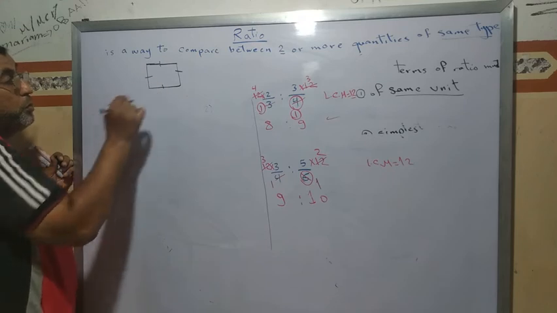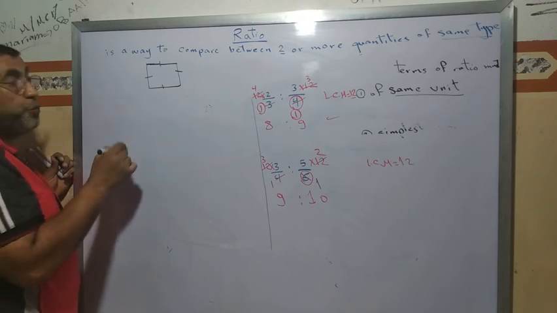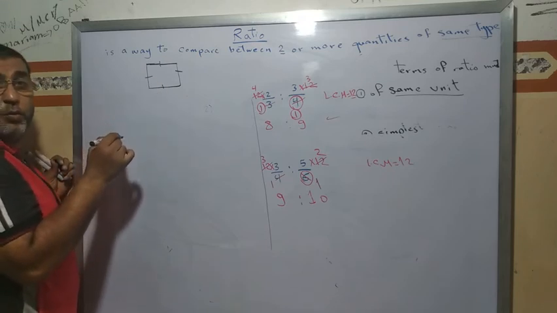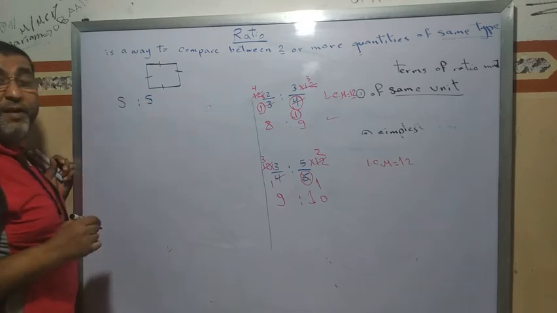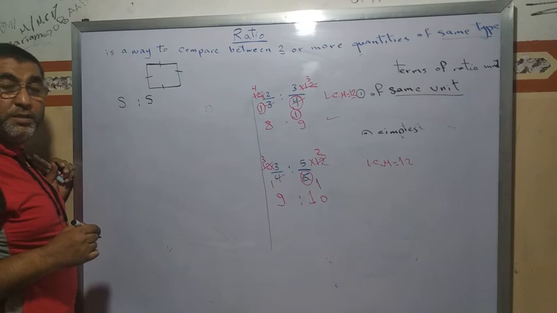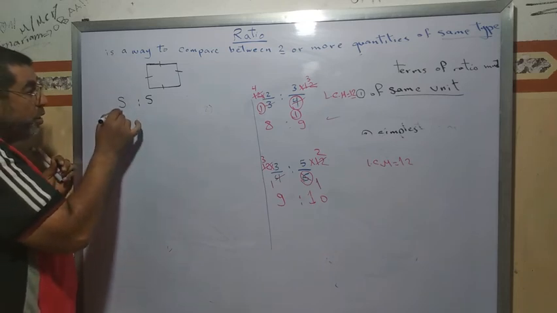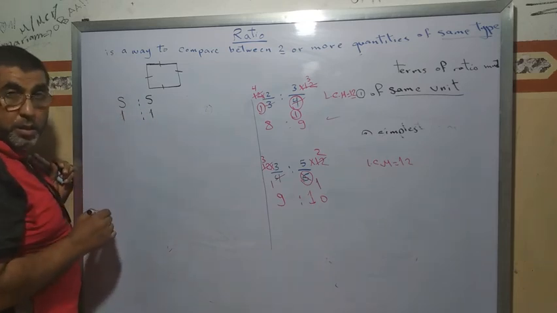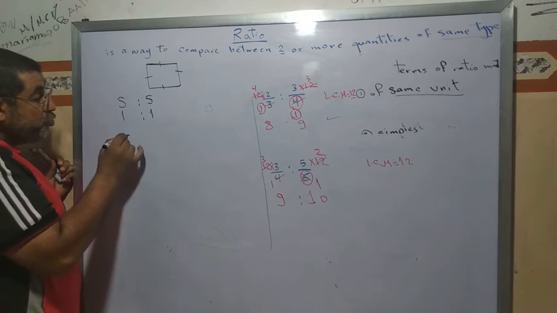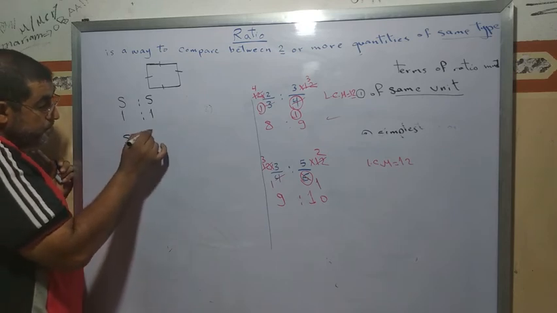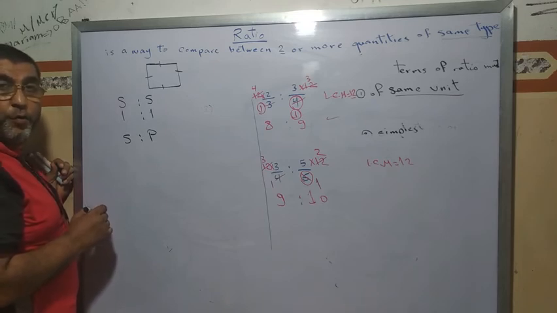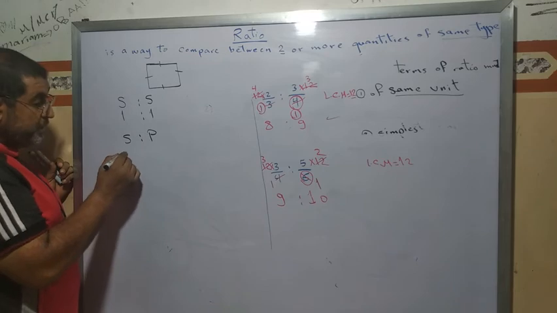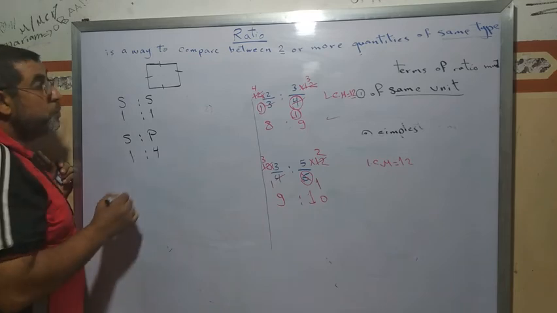So if we get the ratio between 2 sides of the square, side to side, if one side is 8, then the other is 8. 8 to 8 equals 1 to 1. And side to perimeter: if the side is 1, then the perimeter is 4 times 1 equals 4. So the ratio between side to perimeter is 1 to 4.